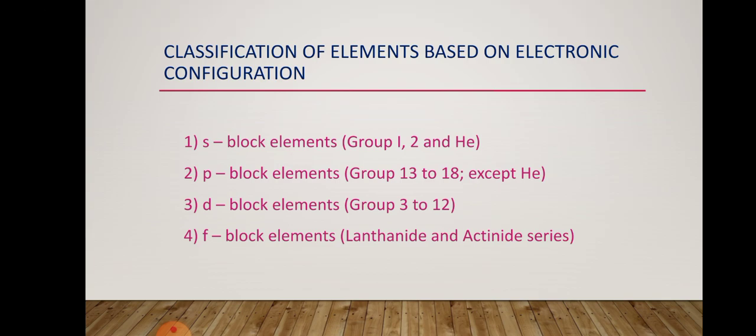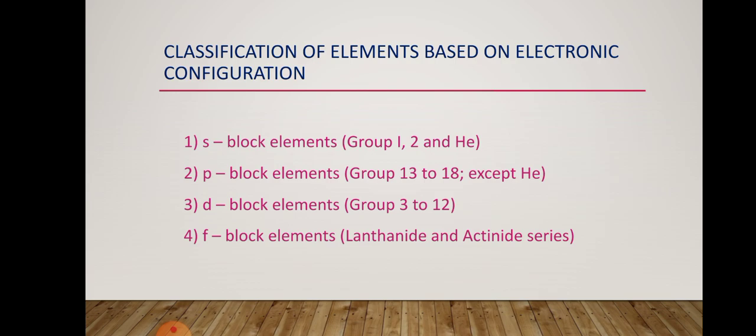Now I am going to discuss classification of elements based on electronic configuration. The elements in the periodic table are classified into 4 classes according to the electronic configuration of the outermost sublevel. Number 1 is s block elements. Elements of group 1 and 2 and helium are included in s block elements.